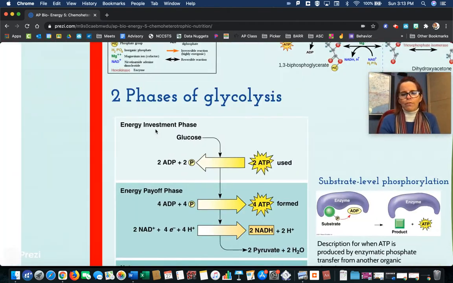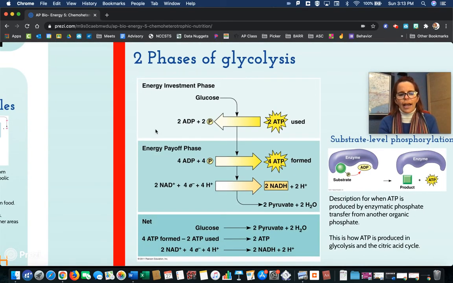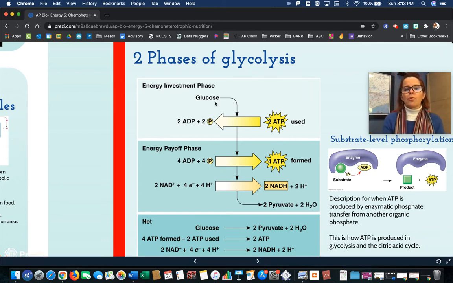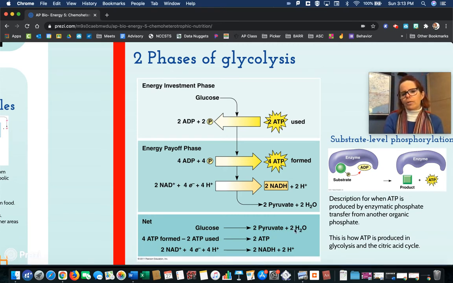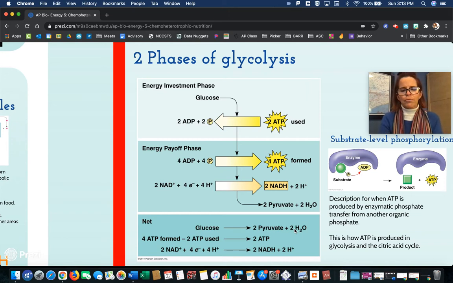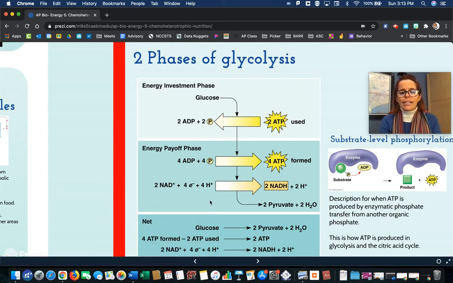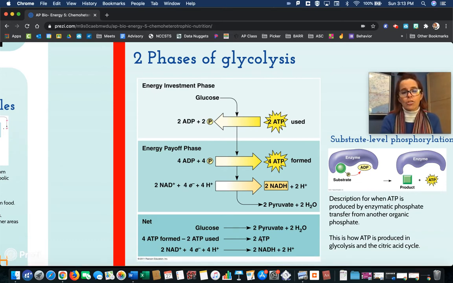All right, so if we jump ahead and look at the sum total of what's going on with glycolysis, what goes in and what goes out, what you need to know is the net. Glucose goes in, and what you're left with are 2 pyruvates and some water, and you don't need to know the water part. Just be aware that you make 2 pyruvate molecules. In the process, 4 ATP are formed, 2 ATP are used, so our net output is 2 ATP.